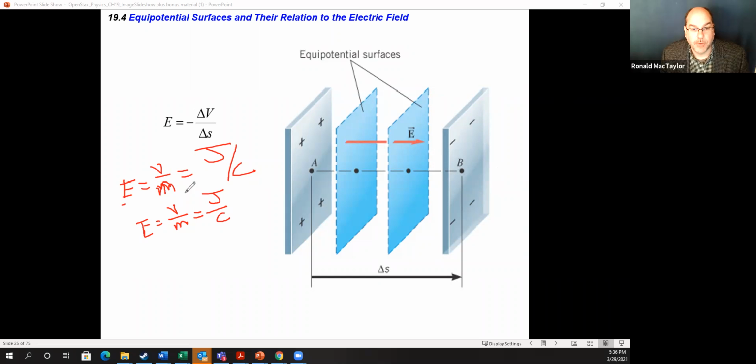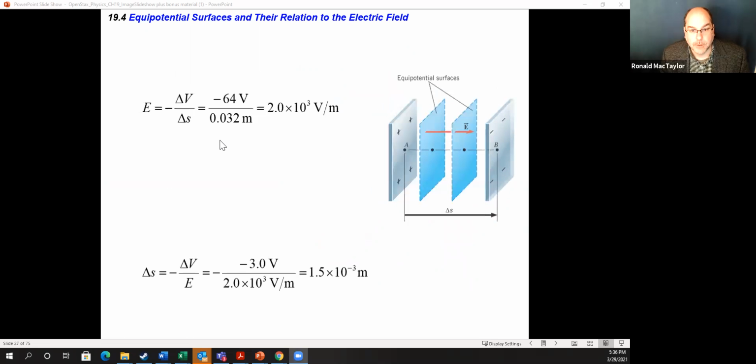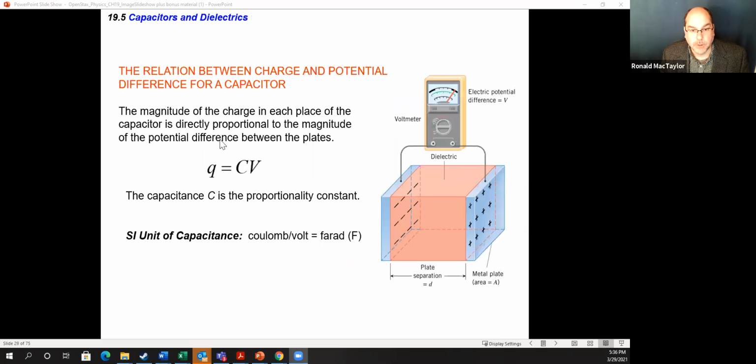Joules per coulomb is volts. Newtons. Oh, hold on a second. Hopefully I say it on the next slide, so we're not going to be more confused. Volts per meter, that's true. All right, I will get back to that. Hold that thought for just a moment.